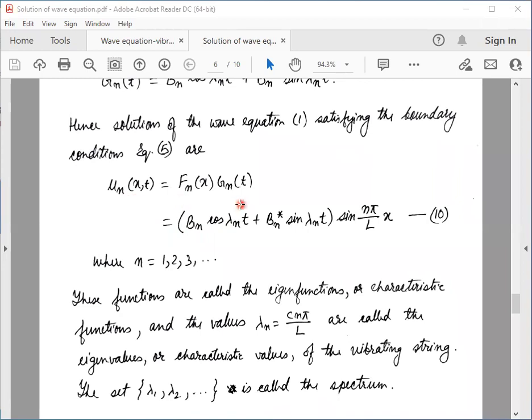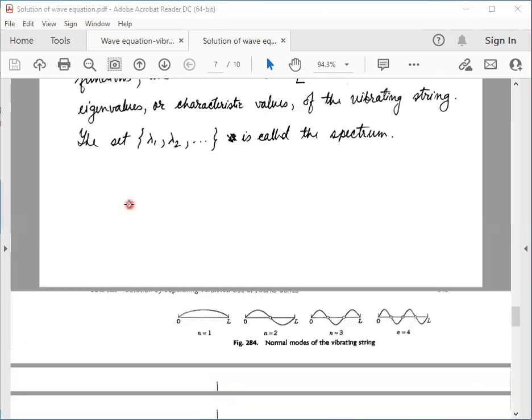And how many solutions are possible? Infinitely many solutions are possible, each for a different value of n. When n equals 1, we have one solution. When n equals 2, we have another solution. When n equals 3, we have yet another solution. So infinitely many solutions are possible to the equation of the vibrating string satisfying the boundary conditions.